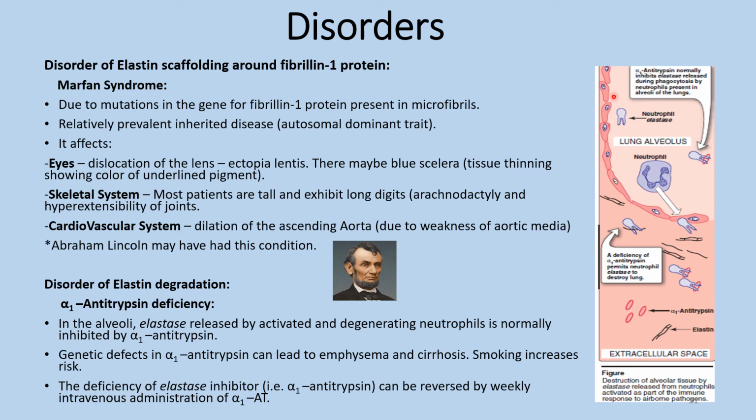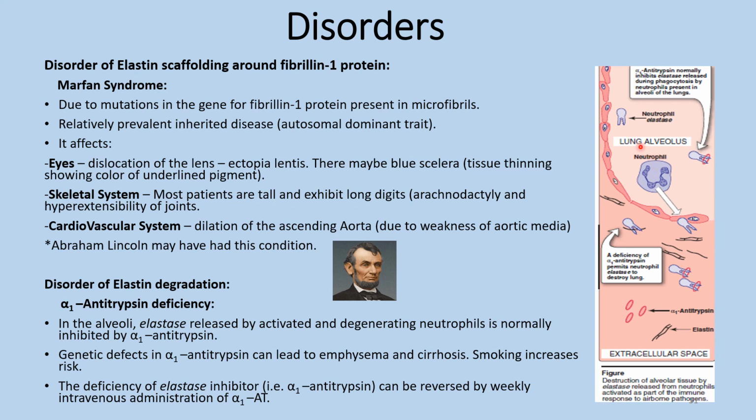When airborne pathogens are in the lungs, they cause activation and sensitization of neutrophils. These neutrophils produce elastase and other chemical mediators of inflammation, called cytokines. Elastase is the enzyme, while the cytokines are the chemical molecules which cause inflammation.